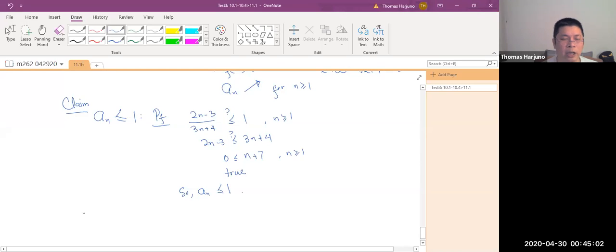Now, from part 1, we have the sequence is increasing. From part 2, the sequence is bounded above. So by the monotonic bounded theorem, a sub n is convergent.